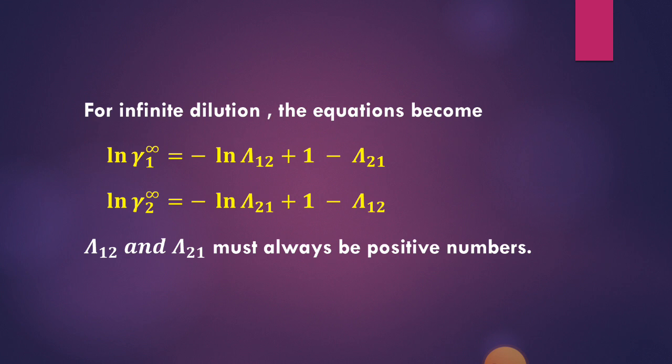Similarly, ln gamma 2 at infinite dilution is equal to minus ln lambda 21 plus 1 minus lambda 12. Here lambda 12 and lambda 21 are always positive numbers.